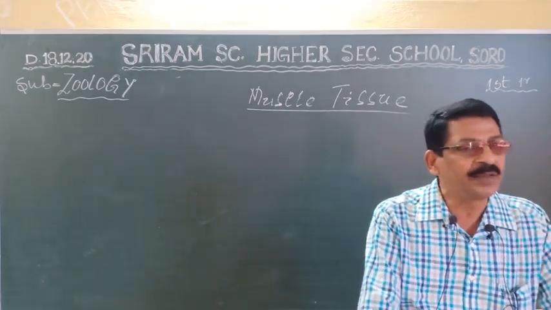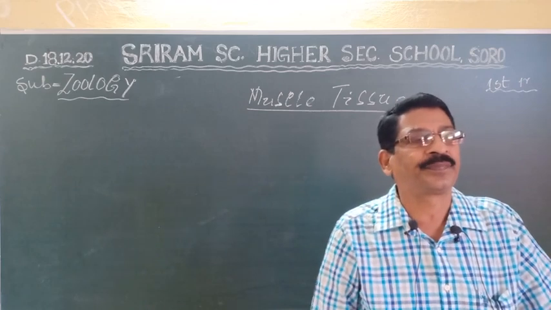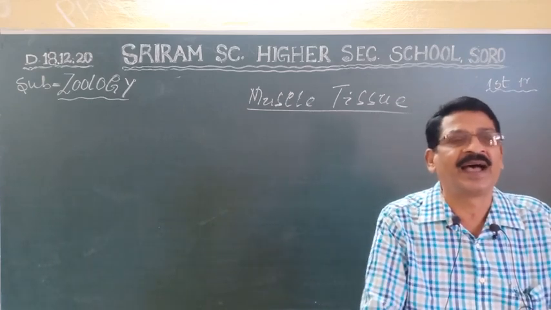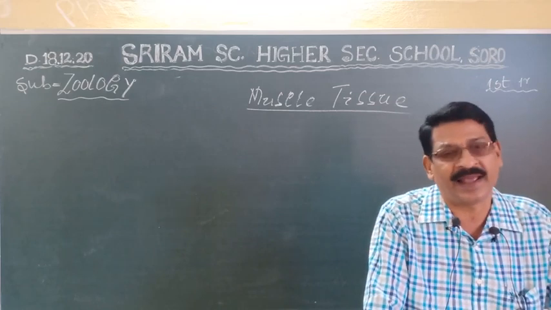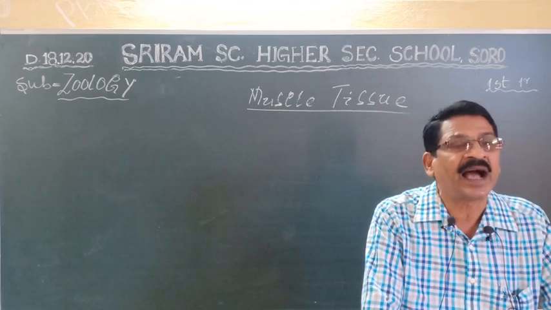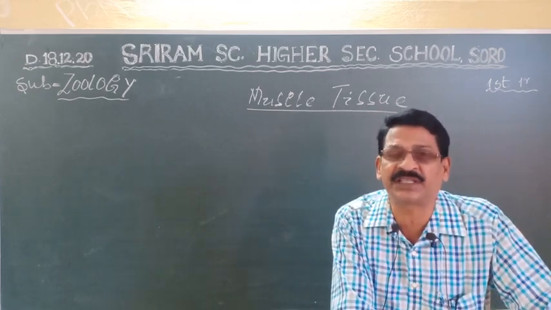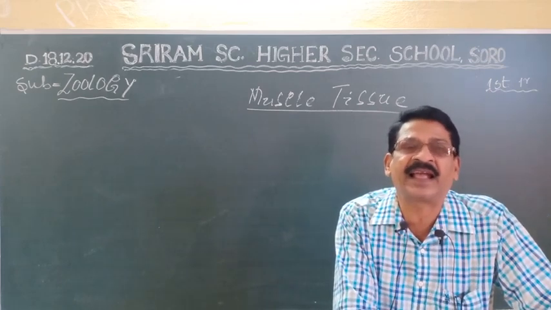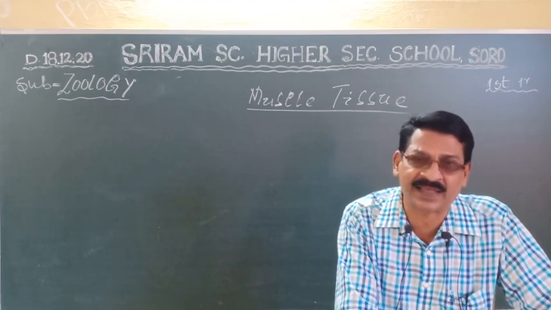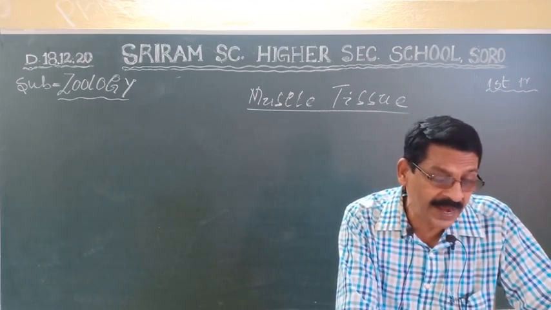And the muscle tissue originates from the mesodermal layers or the mesodermal cells. But the iris and the ciliary muscles are exceptional. They have originated from the ectoderm.